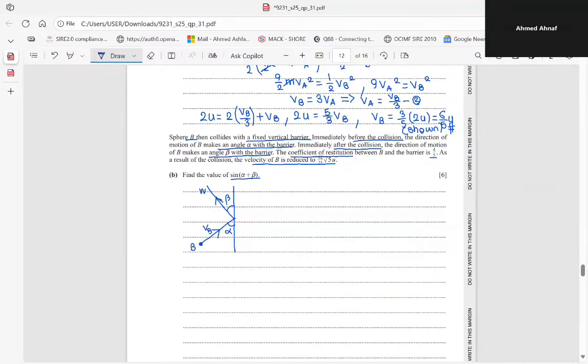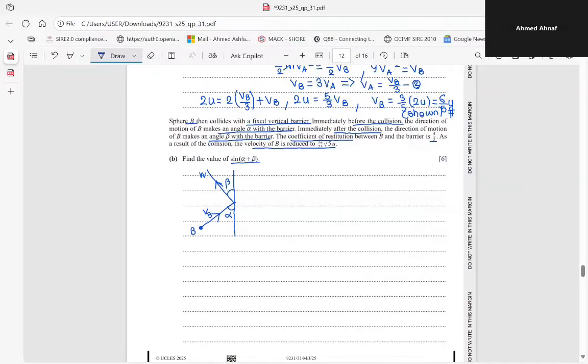This would be W. So first, VB cosine alpha would be equal to W cosine beta. So this is the first equation.